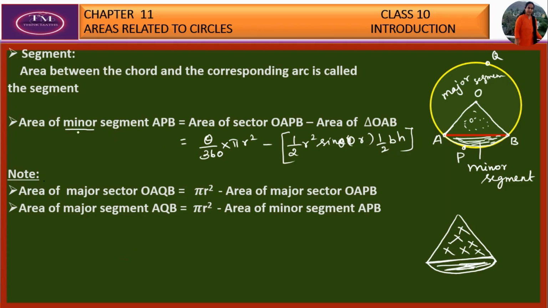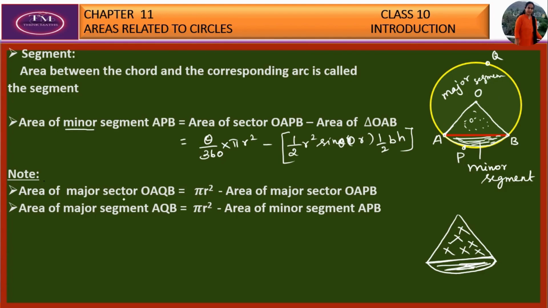If you know the area of the minor sector and minor segment, you can easily find the area of the major sector. From the full circle area, if we take out the minor sector area, we get the major sector area.